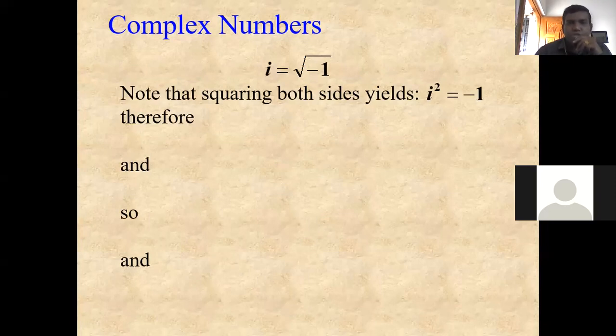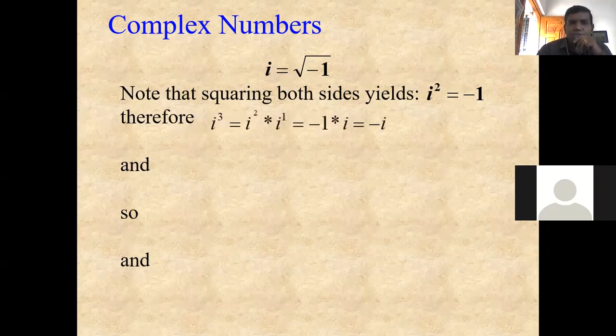If we square both sides, we get i square is equal to minus 1. Therefore, i cube is i square into i, that is minus 1 into i, that is minus i. i to the power 4 is i square into i square, that is minus 1 into minus 1, equal to 1.